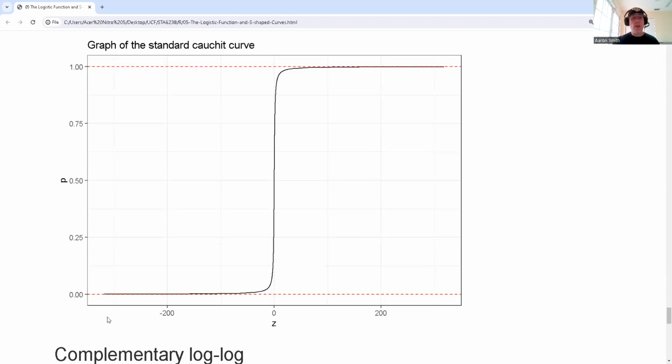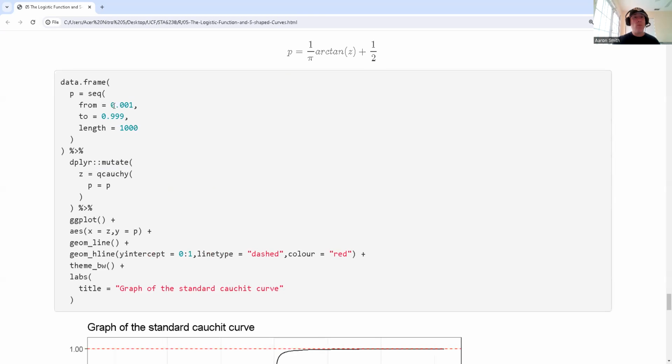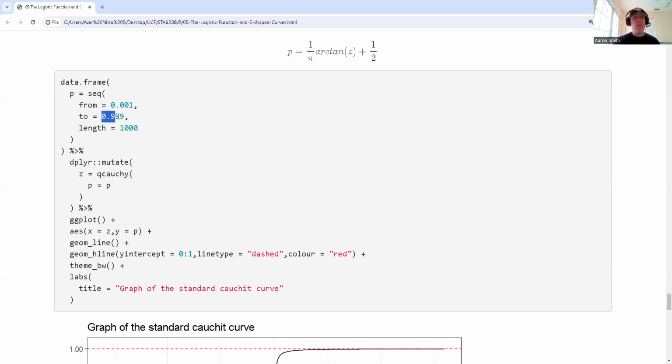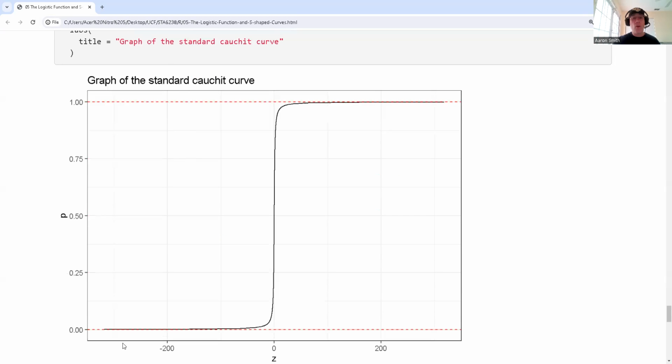And you'll notice that it goes really extreme. When I put this range of probability values, to get all the way up to this probability and all the way down to this on the curve, I had to go super far out along the number line. Because of these features, I recommend you don't use it, but it's an option if you find yourself needing alternatives.